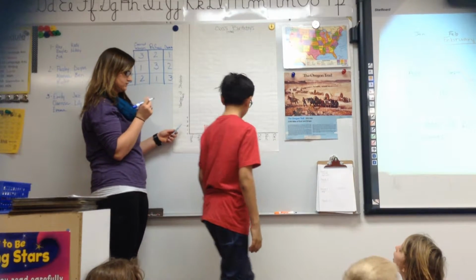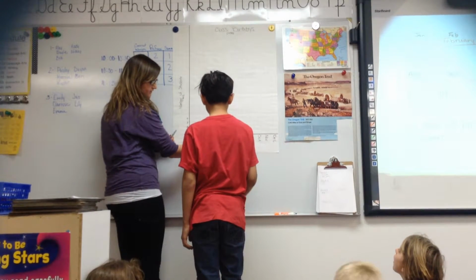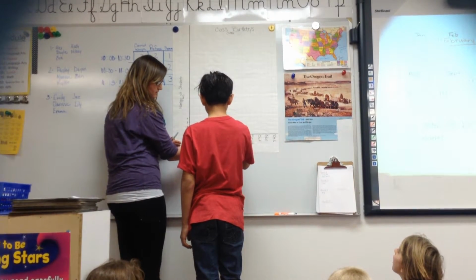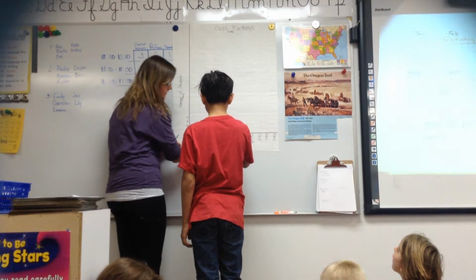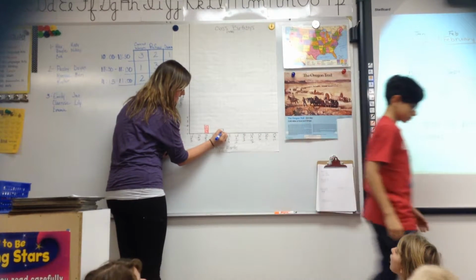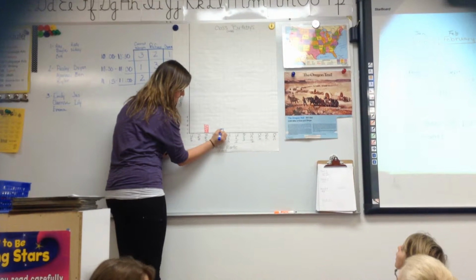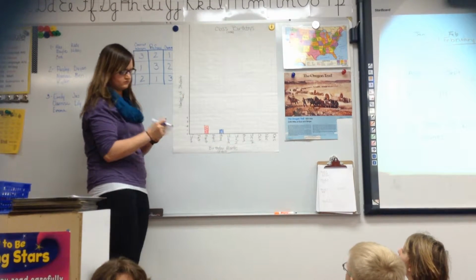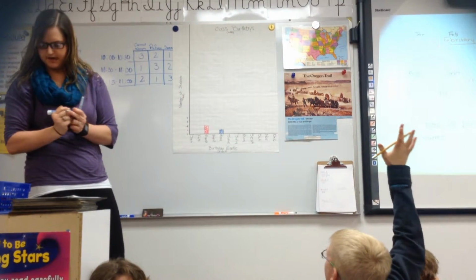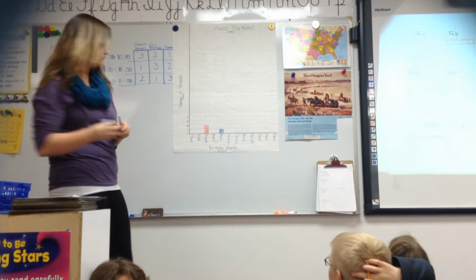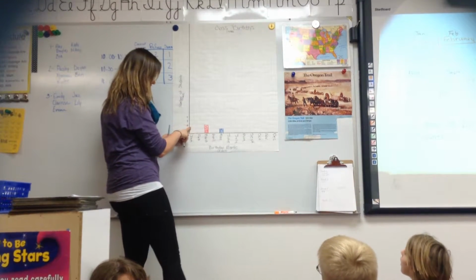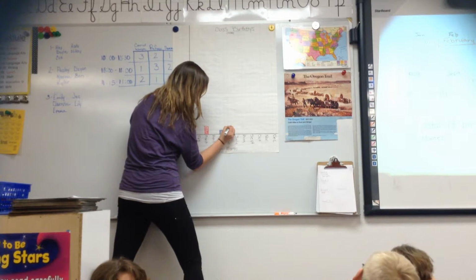Okay, so hold on. Where am I going to draw it to? If May's right here, I'm going to go to where? Very good. I'm going to go up to the line. Okay. June. Ben. 2. Okay, so March was 2 as well. We're just going to go up to 2.